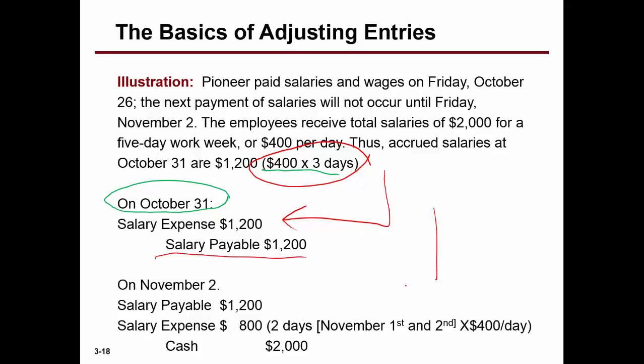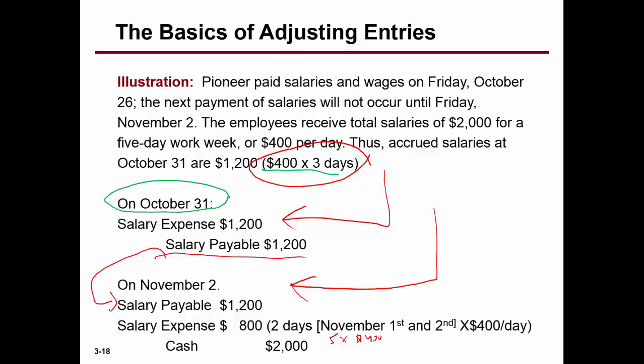Then on November 2nd, we pay the employees for the full 5 days, $2,000, 5 days times $400 a day, Monday through Friday. We debit salaries payable, because we're reducing that liability since we paid off the salary for those 3 days.